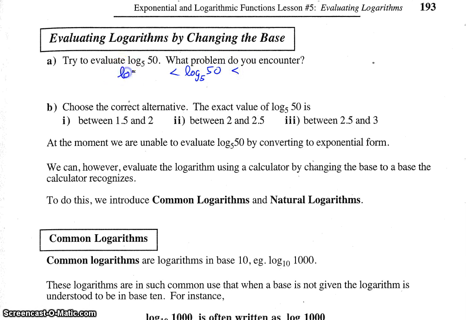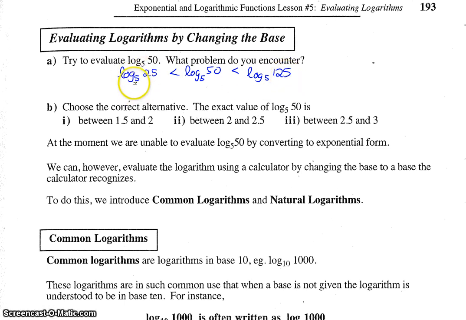So what's a power of base 5 that we know that's, say, less than 50? I'm thinking 25, right? Because 25 is 5 squared. And another one, let's see, 5 cubed is 125, right? So I could basically say 50 is somewhere between 25 and 125. And those are both powers of base 5.